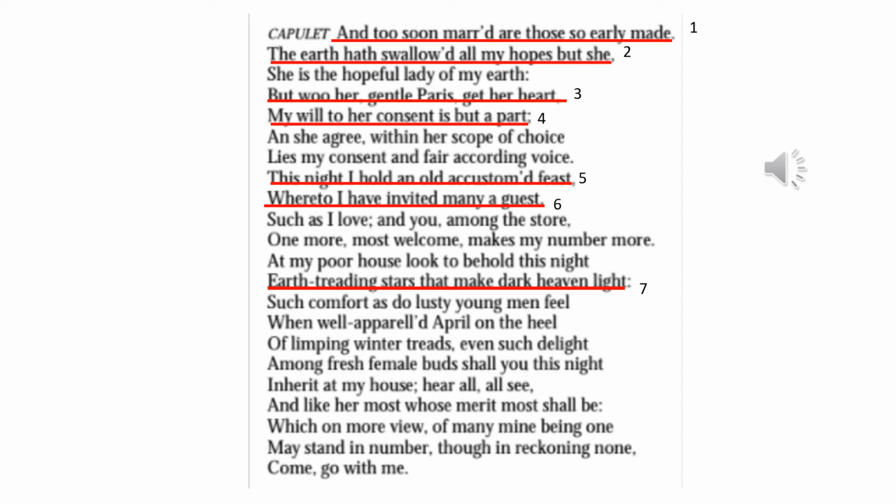So whilst Capulet is describing how many beautiful women there will be there tonight, comparing them to the stars, there's also foreshadowing going on here, reminding us that Juliet will be there. She will be one of these earth-treading stars, but she won't be earth-treading for much longer because she's going to cease to exist, and she will become a star, possibly up in heaven, as a result of her having died.